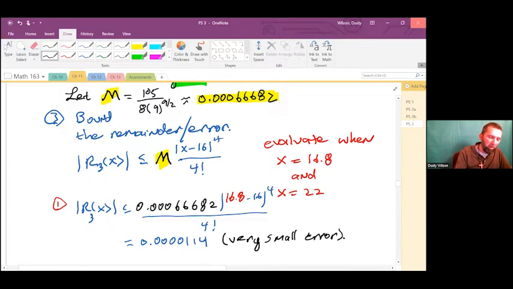Let's do the same thing when x equals 22.